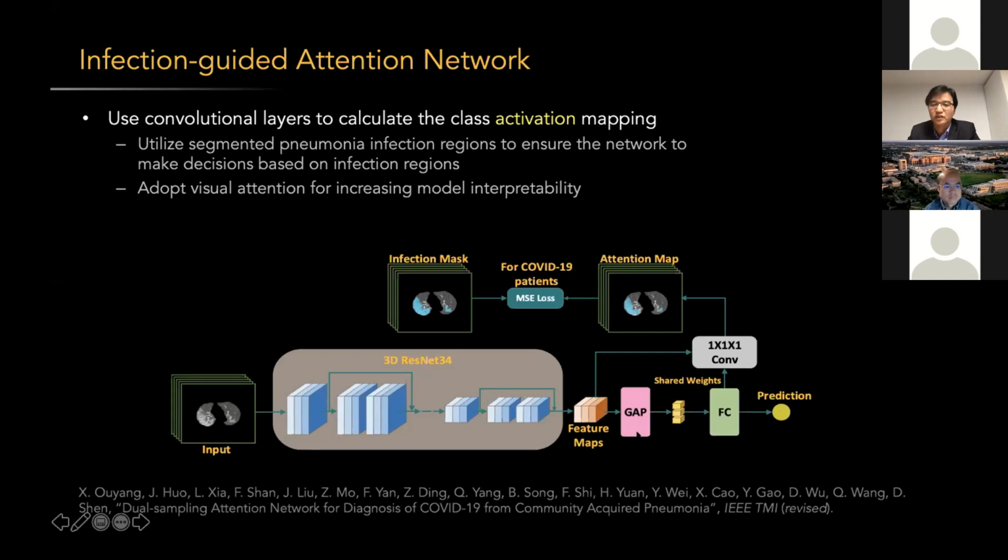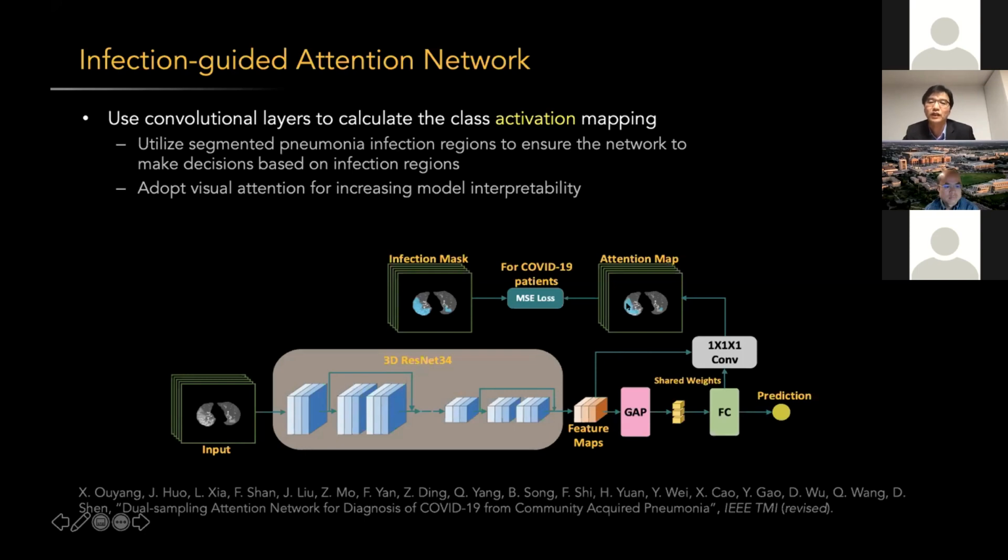Of course, it's very important that the features we estimate and use to do the prediction for the COVID-19 are taken from the left lung and the right lung, inside the lung, not outside of the lung. So in this way, the other view here is we generate an attention map.